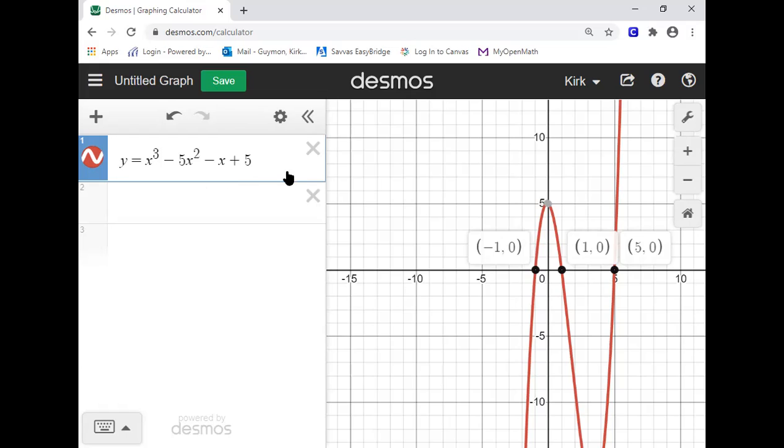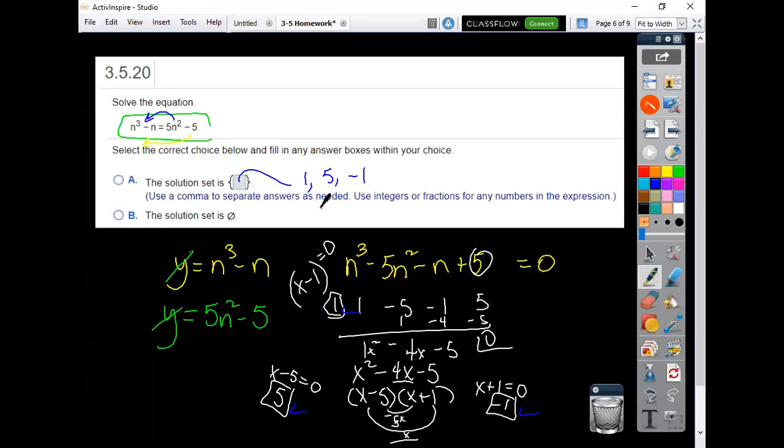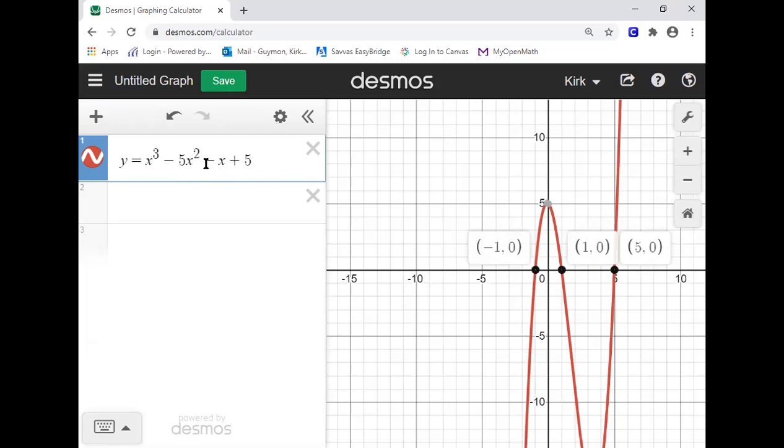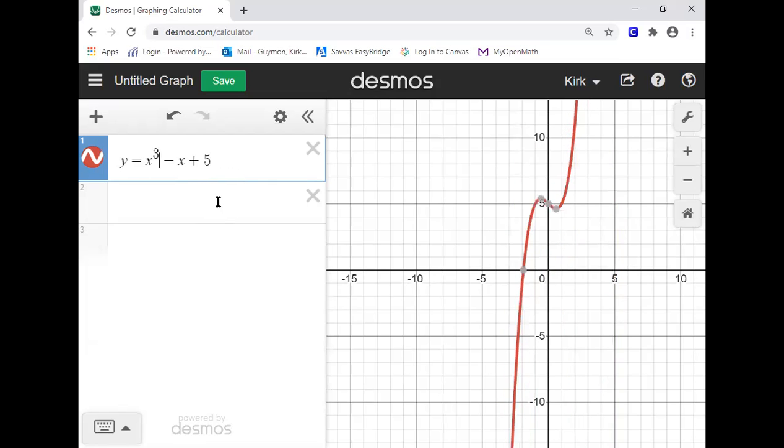Again, like I said, the other method was if you took those two original equations, the n cubed minus n on the left, and the 5n squared minus the 5 that was on the right. And if you just type those into your graphing calculator or Desmos type of a program as your two equations, so that would be my n cubed minus n.